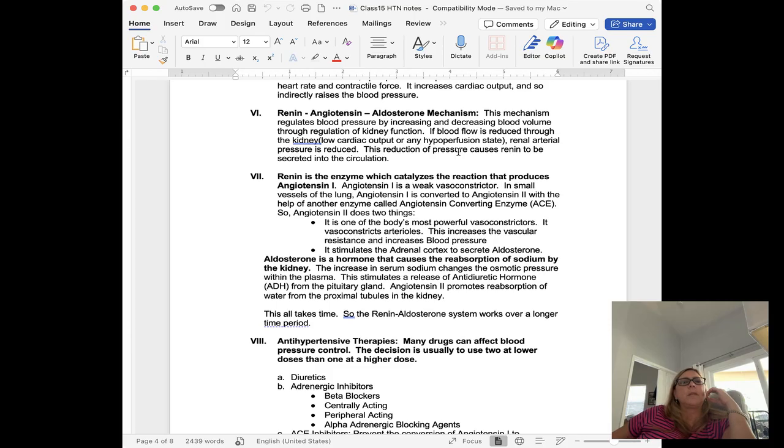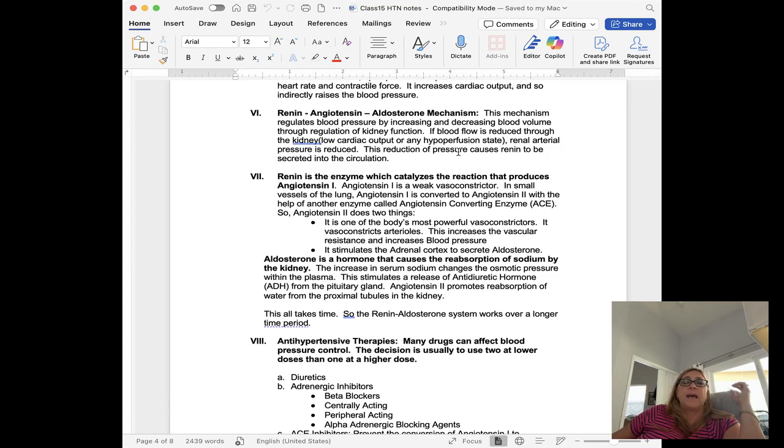Okay. So we do remember low cardiac output or any hypoperfusion state. I don't care if you're hemorrhaging, you're in severe heart failure, you had an MI, you have low cardiac output. This will cause that renal arterial pressure to notice that it's reduced, and it will trigger the kidney to go ahead and secrete renin.